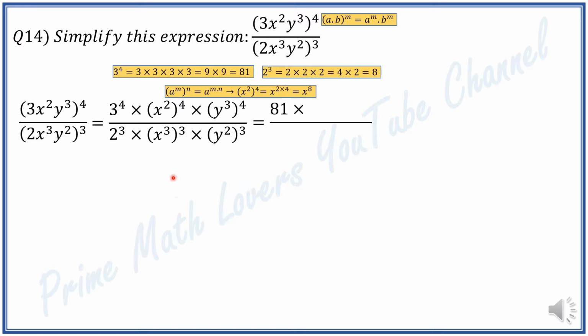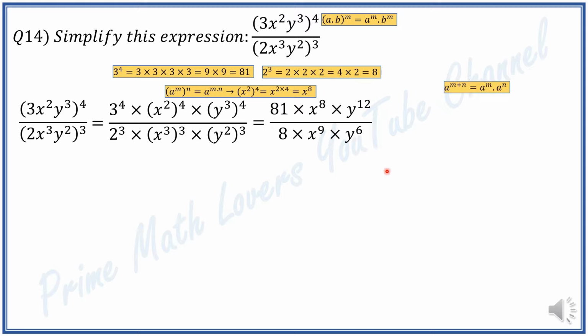So we rewrite it. It will be 81 times x to the power of 2 times 4, which means x to the power of 8, y to the power of 3 times 4, 12, over 8 times x to the power of 3 to the power of 3, x to the power of 9, y to the power of 2 times 3, or y to the power of 6.